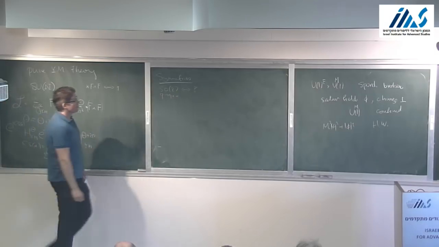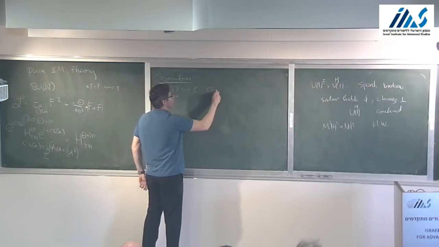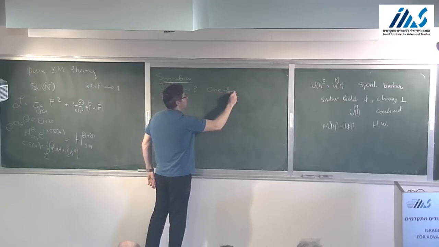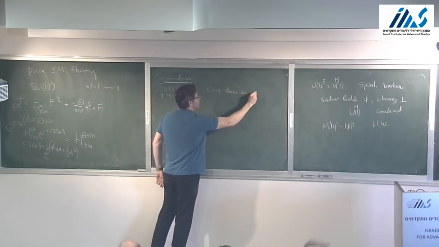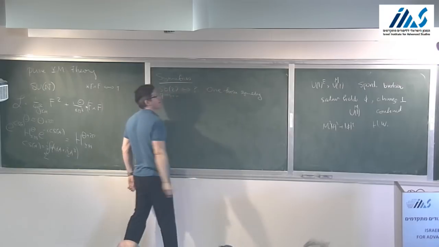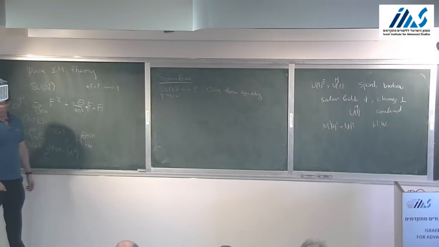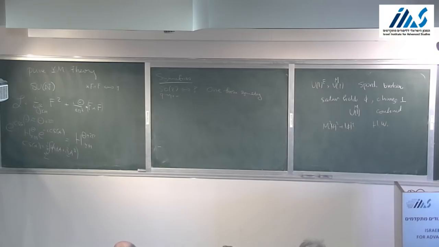And the analog is a one-form symmetry. So we need to understand the one-form symmetries of Yang-Mills theory. Remember that in pure Maxwell, not QED, I'm sorry, the one-form symmetry was U(1) times U(1). This is pure glue. So we need to understand what is the one-form symmetry of pure glue.